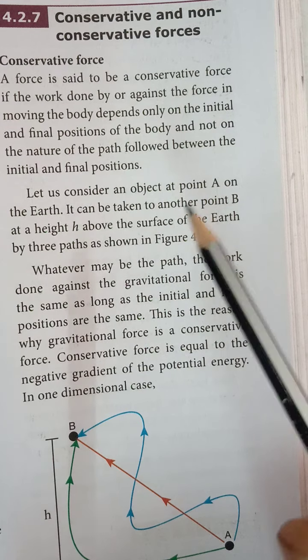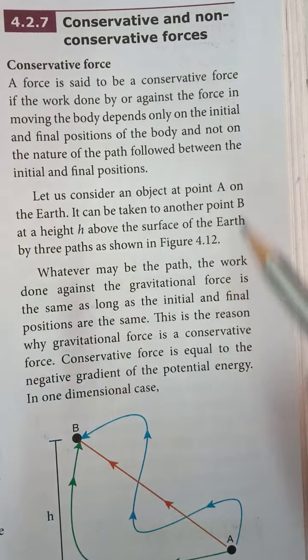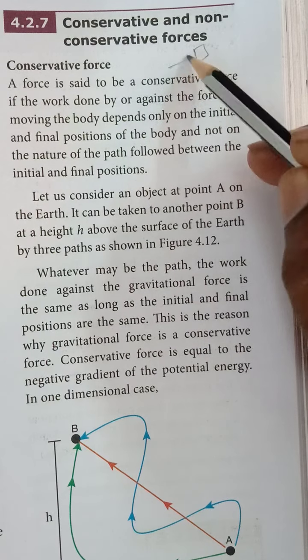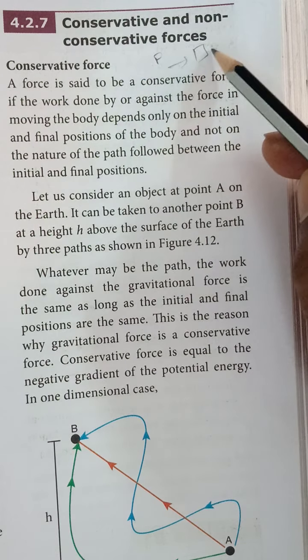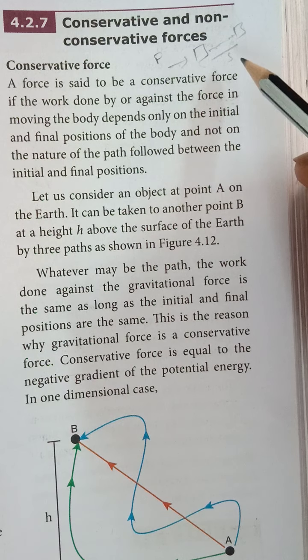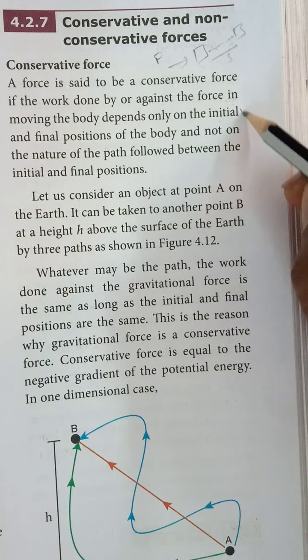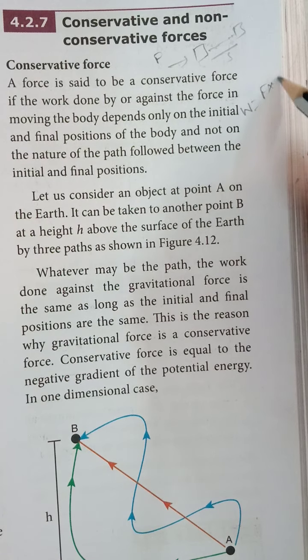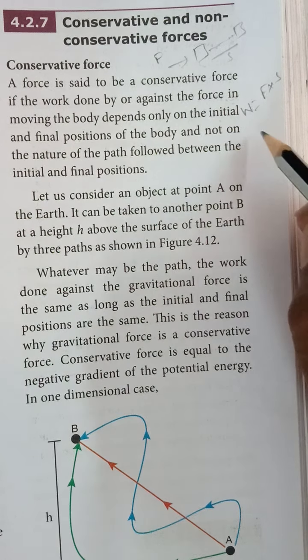What does work done mean? Take an object and apply a force F; it moves some distance, which is called S, the displacement. So the formula for work done is W equals F into S. This is the meaning of work done.